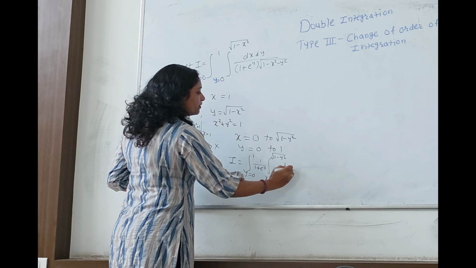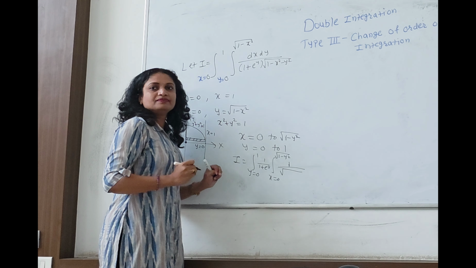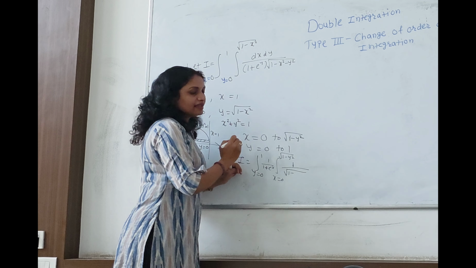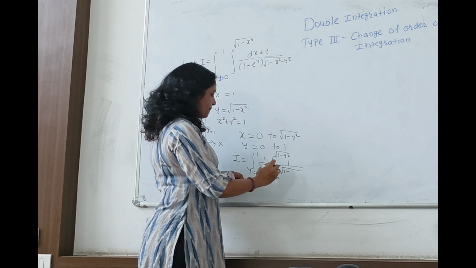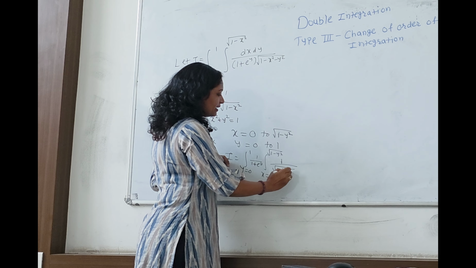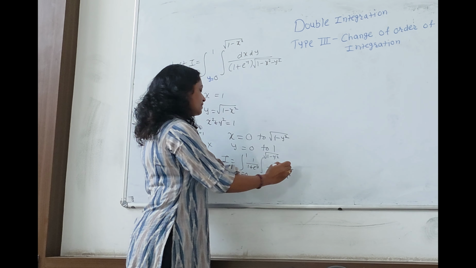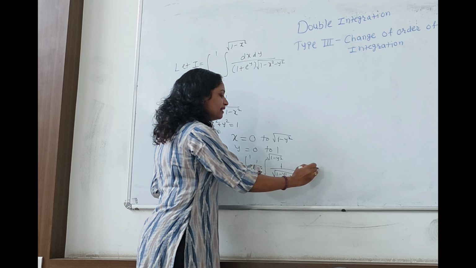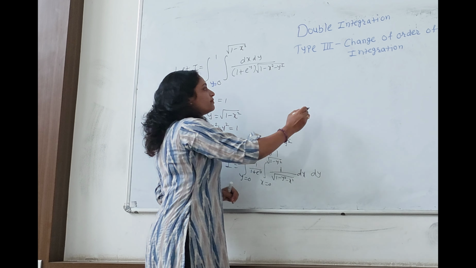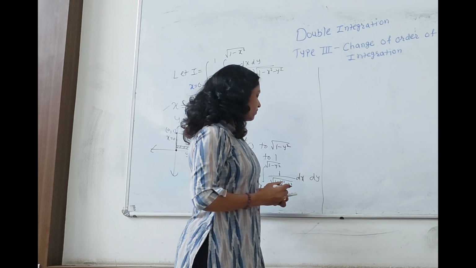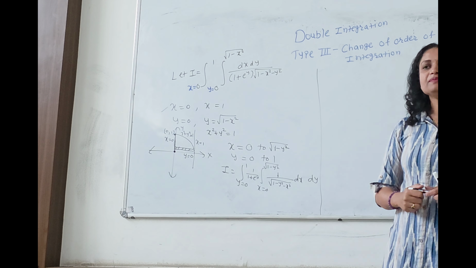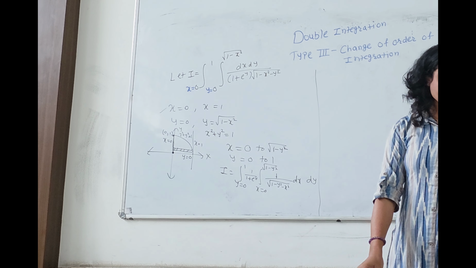Root of 1 minus y square minus x square dx and then dy. Any idea how to go for the integration of this one? How will you integrate?